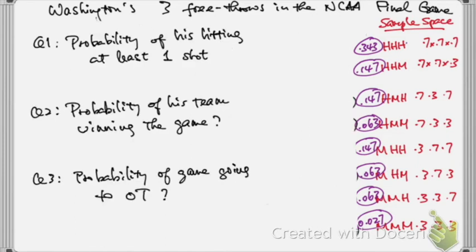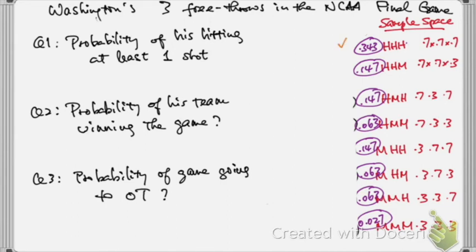Now that we have the sample space and all its associated probabilities tallied up, we can answer some pretty complex probability questions. Let's say question 1: what's the probability of him hitting at least one shot? What are the outcomes that would qualify? Let me use orange.